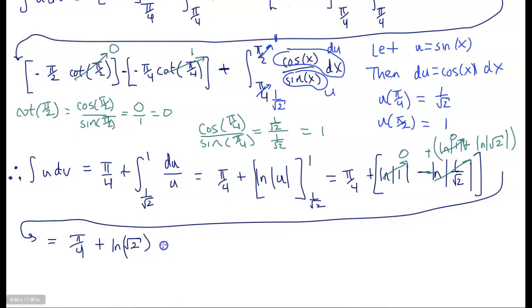And so at this point, this is the answer. But if we wanted to get fancy, since square root of 2 is 2 raised to the 1/2, we could also rewrite this answer this way if we like. Okay, so this answer or this answer is acceptable.